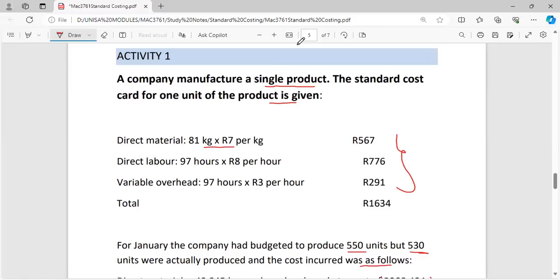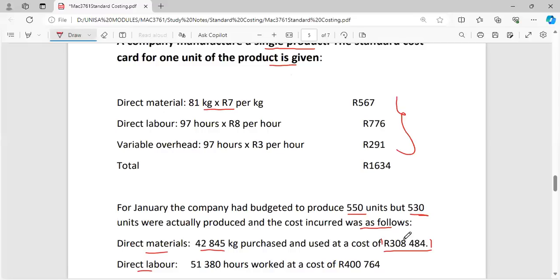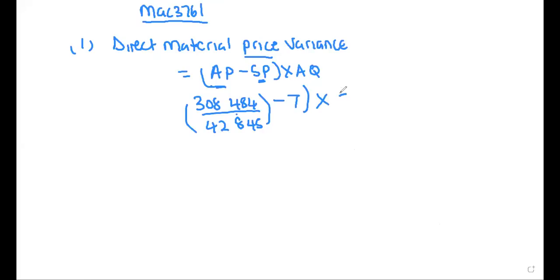So we are now going to say minus 7 times the actual quantity. How many quantities were produced? We look at the actual quantity that was produced here. 530, am I right? So we're going to multiply by 530, the actual quantity.